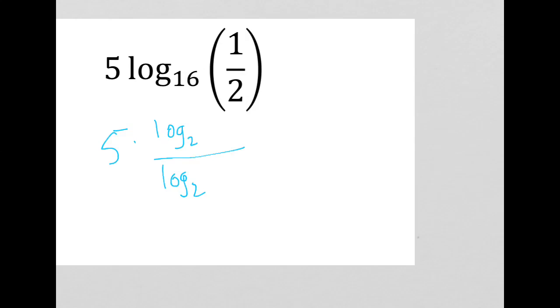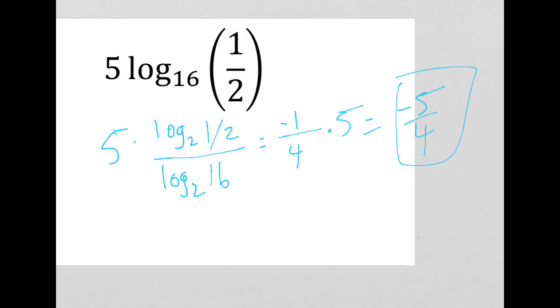And then I need to have a 1/2 up here and a 16 down there. And 2 to what power gives me 1/2? Well, 2 to the negative first gives me 1/2. And divide that by 2 to what power gives you 16? Well, 2 to the fourth gives you 16. And then we still have that times 5, so we get negative 5 over 4.